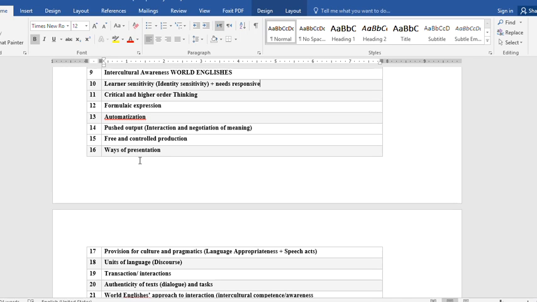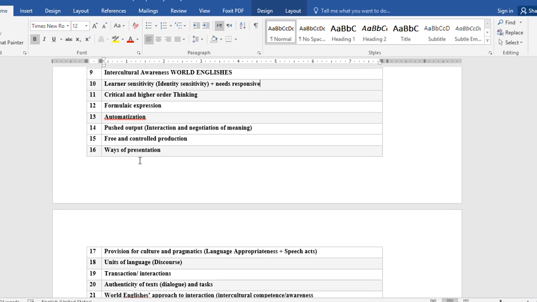So the exercises and practices in the materials should provide the opportunity for students to automatize the language they have learned through pushed output, through comprehensible output, through experience of language and things like that.